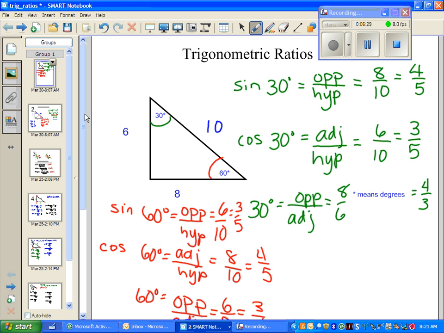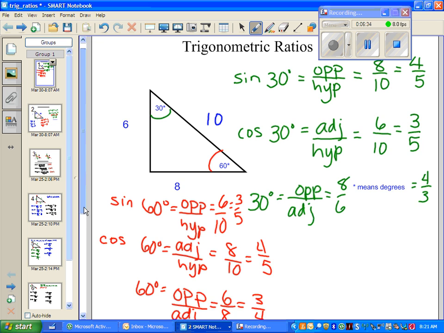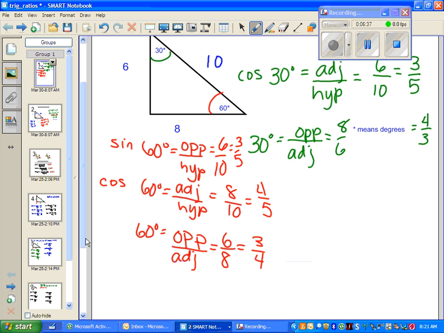So instead of saying adjacent over hypotenuse, we say cosine. Okay, it's just a short way of saying that. And then when we talk about opposite over adjacent, that's called tangent, and it's abbreviated TAN. And tangent is going to mean the opposite over the adjacent for whatever angle you're referring to.